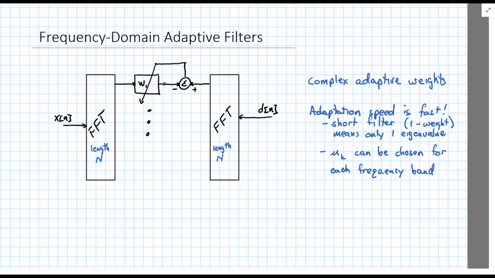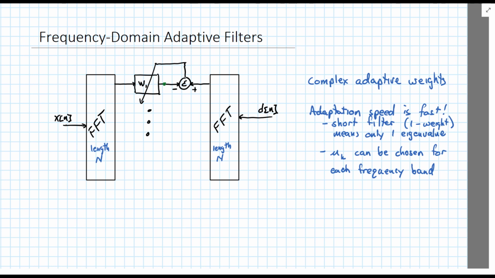It can be optimal, I guess, for that particular band. So those are some huge advantages of frequency domain adaptive filters. Very fast adaptation, and they operate very well on colored signals.